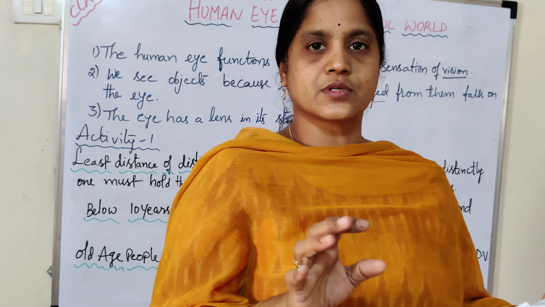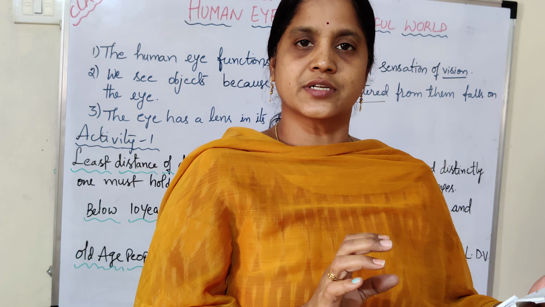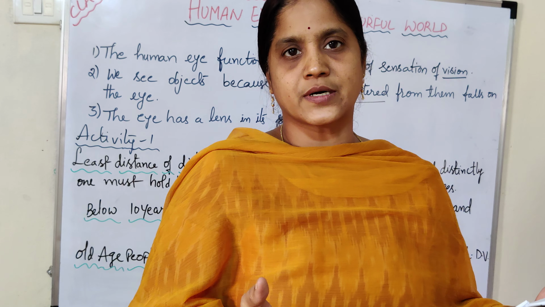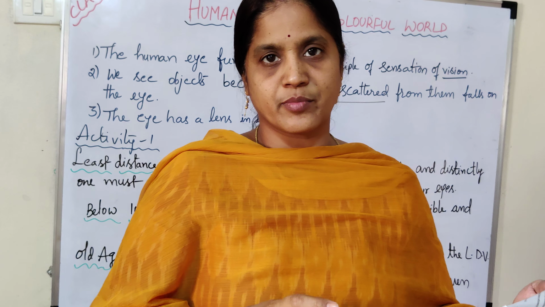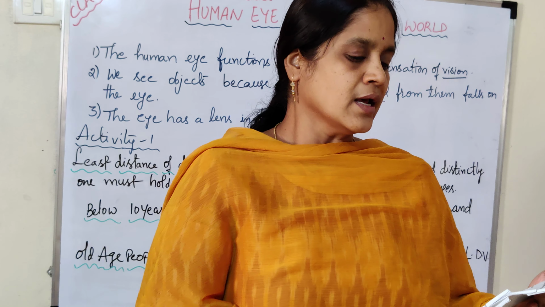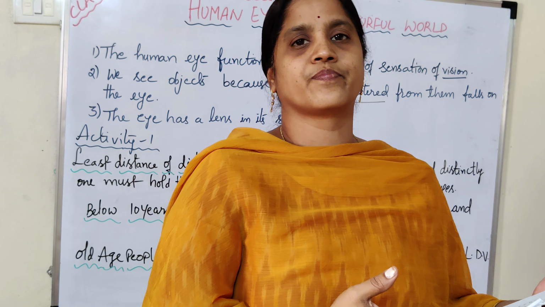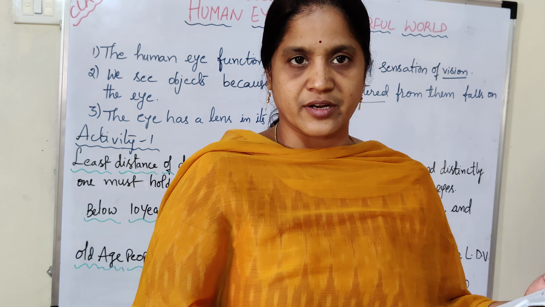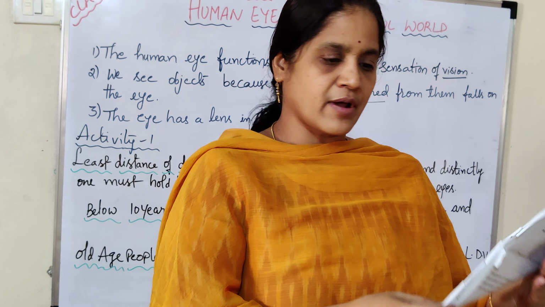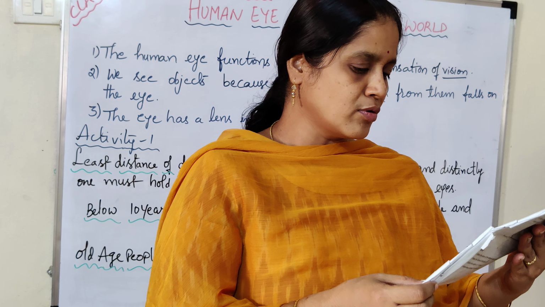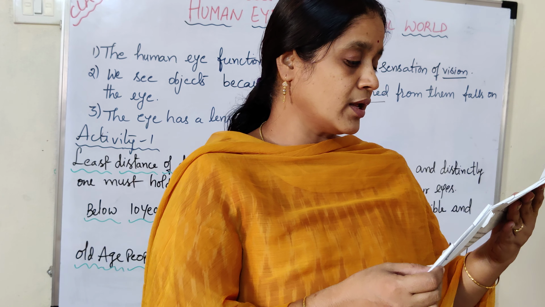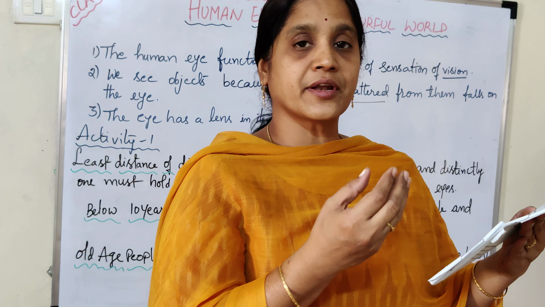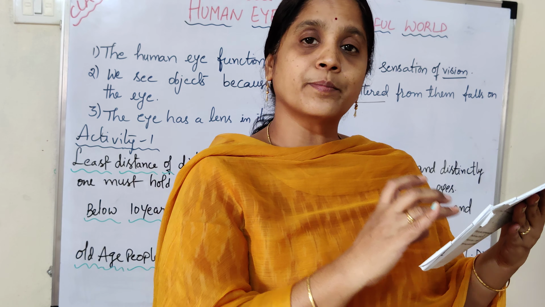Suppose at this distance of 25 centimeters, a healthy person is able to see clearly without any strain. For example, if you move the paper nearer to your eyes, slowly my eyes are straining and the letters are blurred.